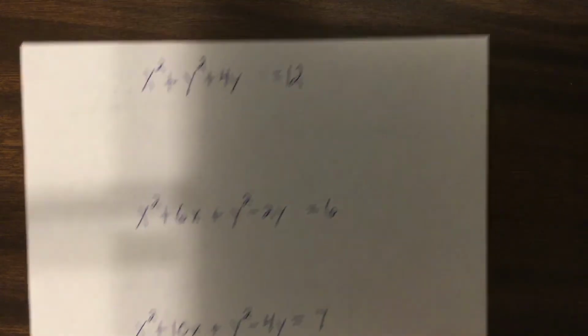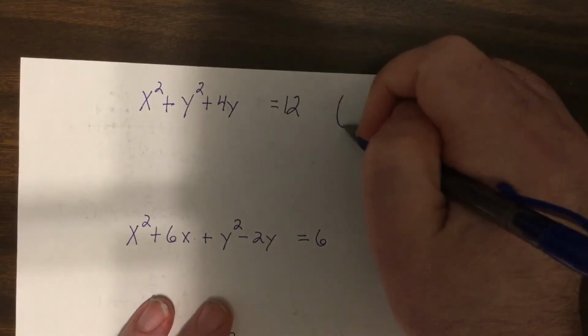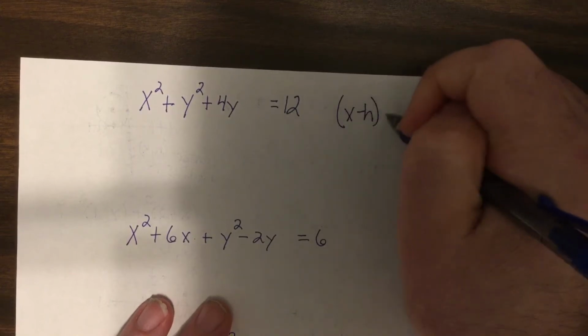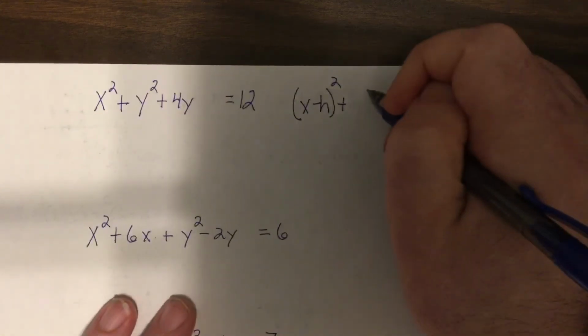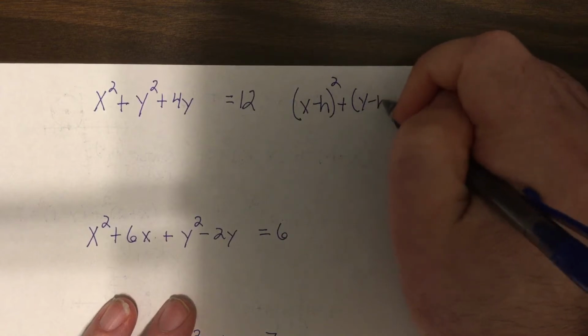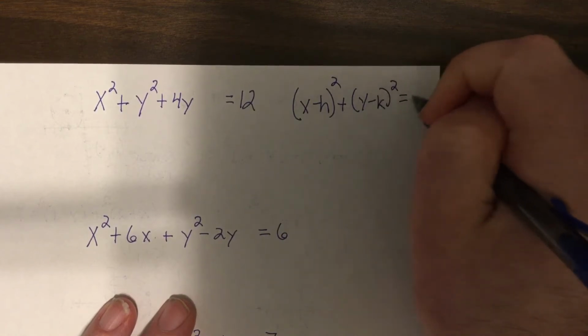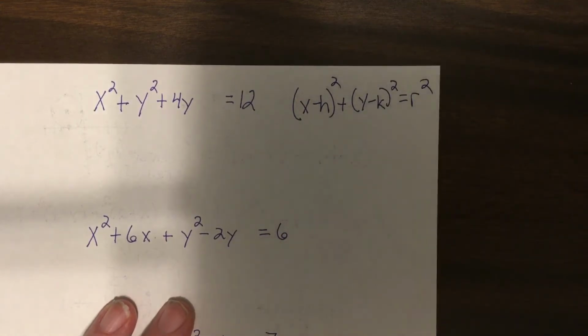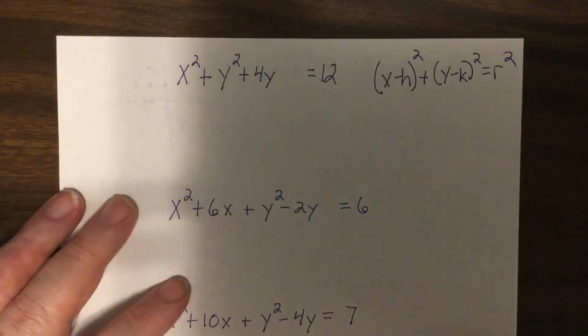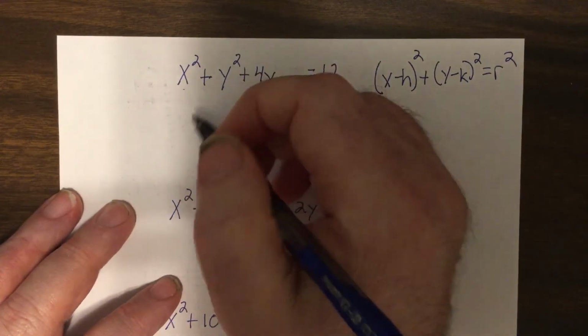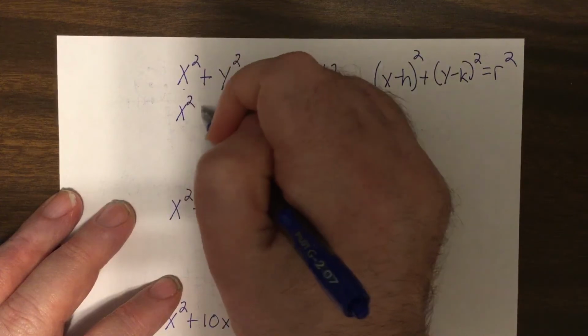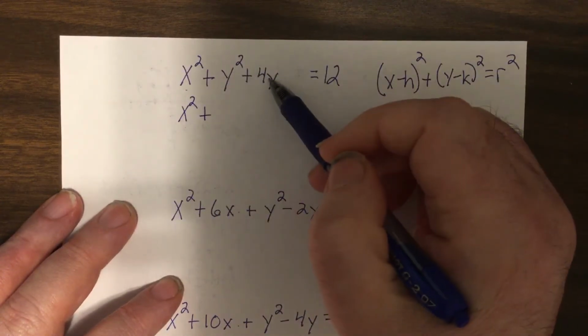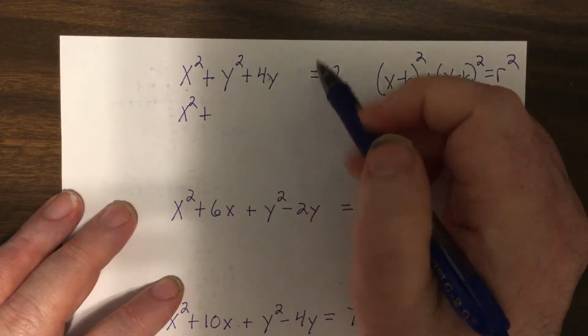Now, sometimes it's not in proper form. So remember, it's (x minus h) squared plus (y minus k) squared equals r squared. This one is already squared, so there's nothing to do. How do I take a polynomial and work with it to get a binomial square?